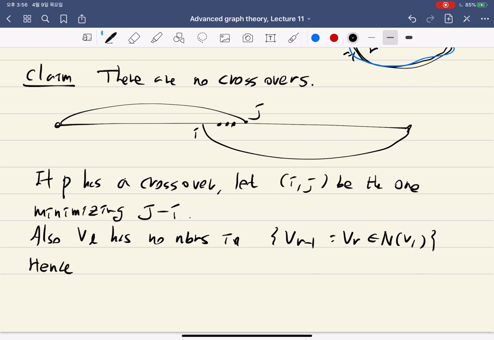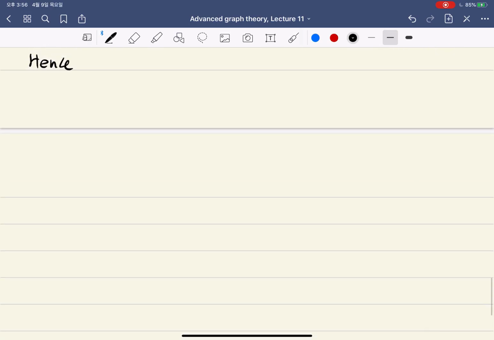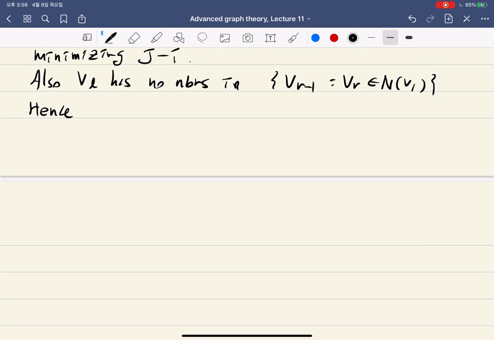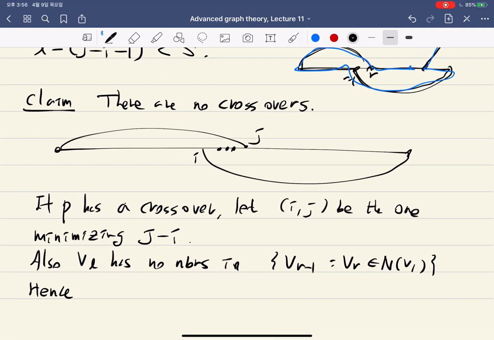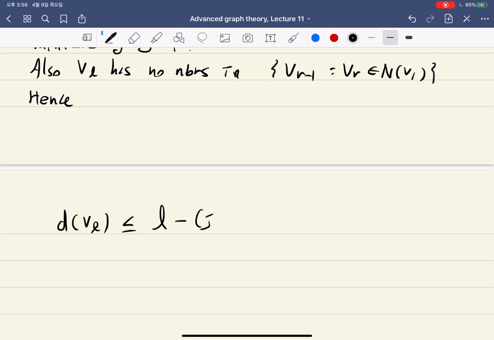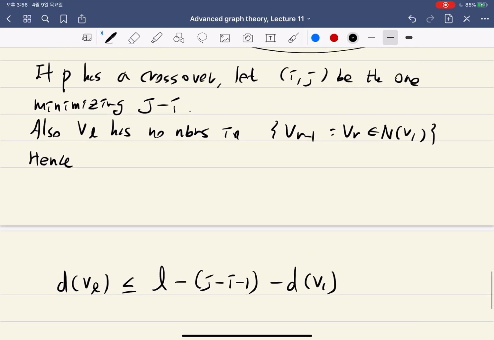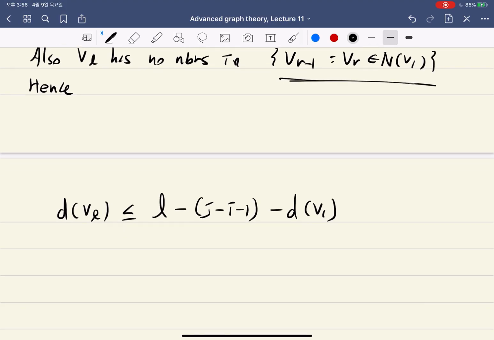So what do we get? We get that all the neighbors of PL lie inside of the path. So out of L, we know that the middle J minus I minus 1 are not neighbors. And also there are the degree of P1 many non-neighbors.